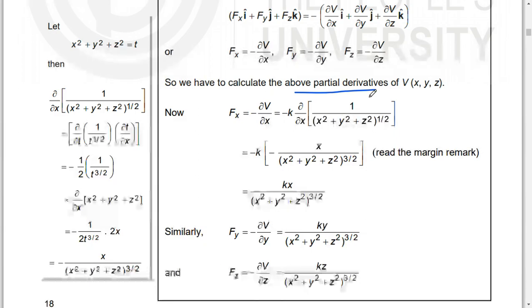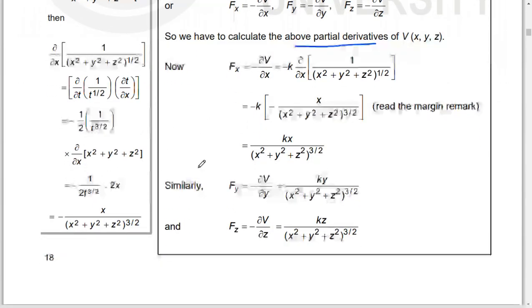Now Fx is equal to minus dV by dx, equal to minus k d by dx of 1 by x square plus y square plus z square to the power half, equal to minus k of minus x by x square plus y square plus z square whole to the power 3 by 2. Read the margin remarks.